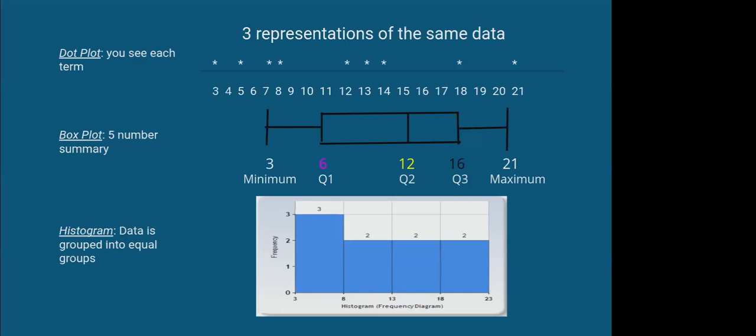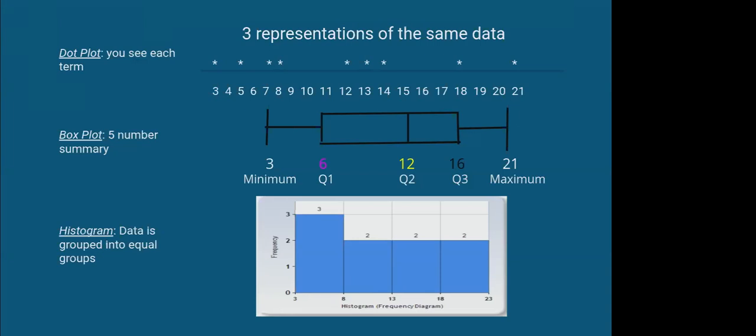So its weakness then, just as grouping is its strength, grouping is also its weakness because you can no longer talk about the individual terms that are in the graph. Okay?